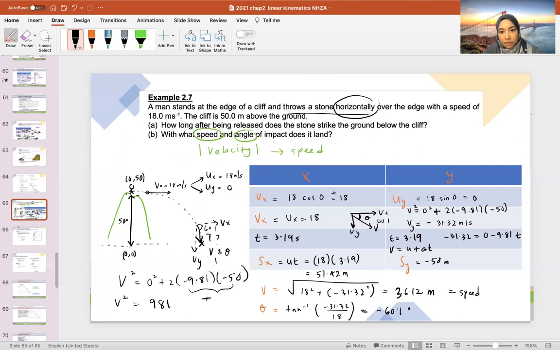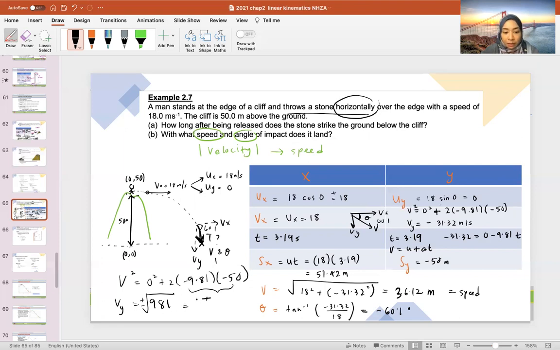Okay, like I mentioned to you before, I think some of you dah terlupa. When we square root something, memang akan ada positif negatif. So, bila kita nak tentukan if it's a positive or a negative, we look at our question. We are going down. So our Vy should be a negative. Kita yang tentukan sendiri negatif tu.